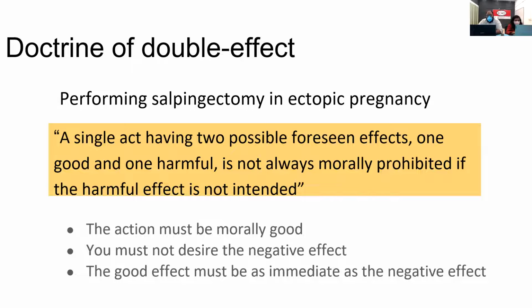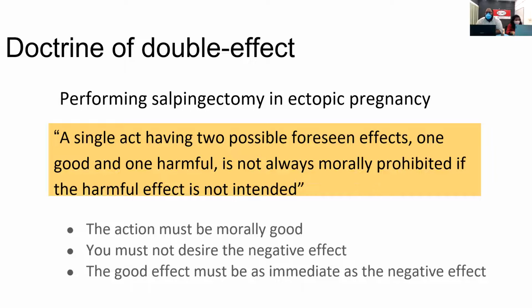If the benefit outweighs the harm, then the action can be morally permissible. The action itself should be morally good. You must not decide for the negative effect. The good effect must be as immediate as the negative effect.